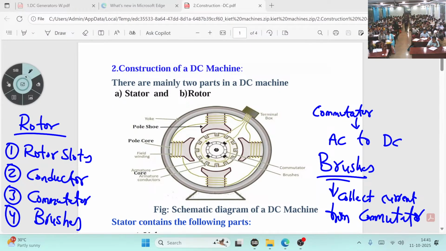Now, what are the rotor slots made of? Same, cast iron. The conductor is made of copper. The commutator is made of hard copper.